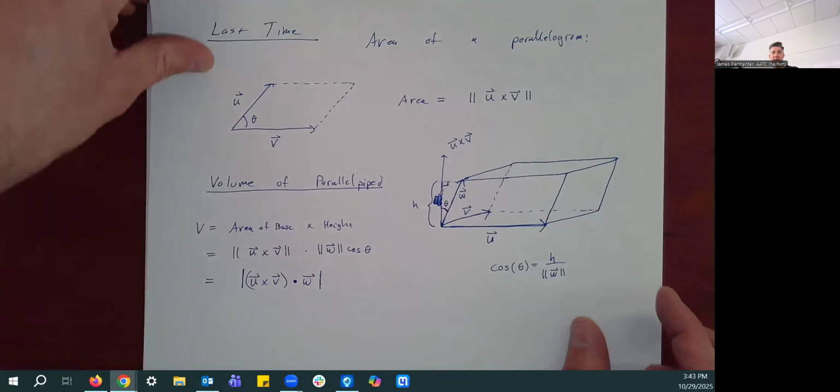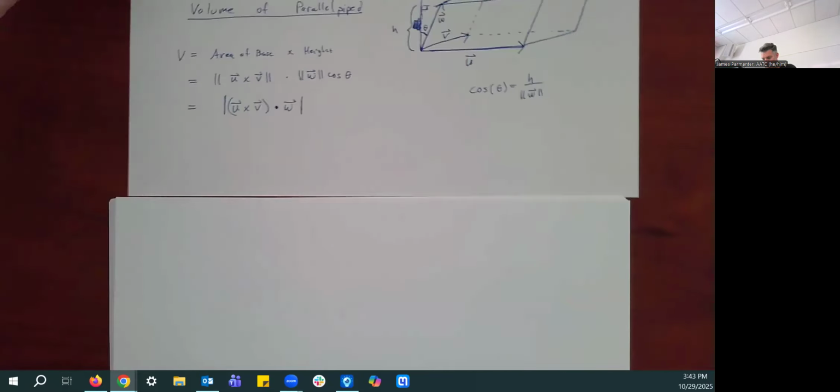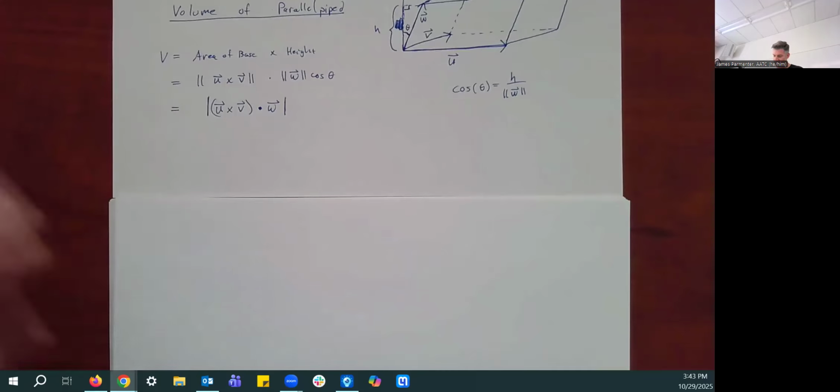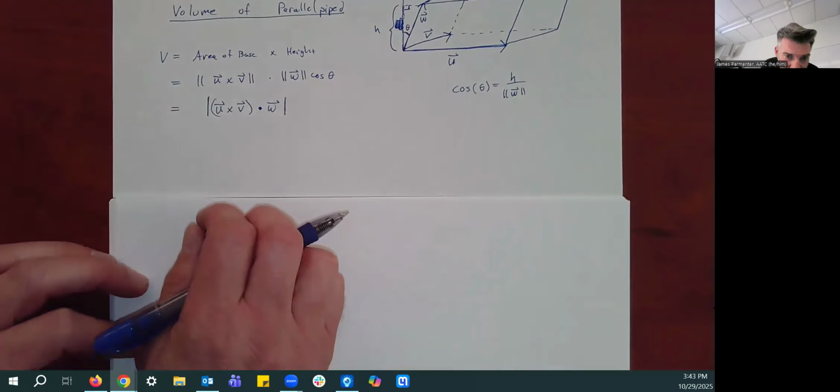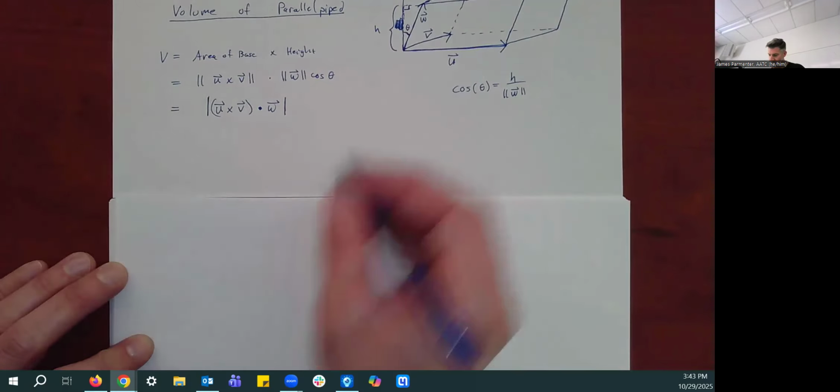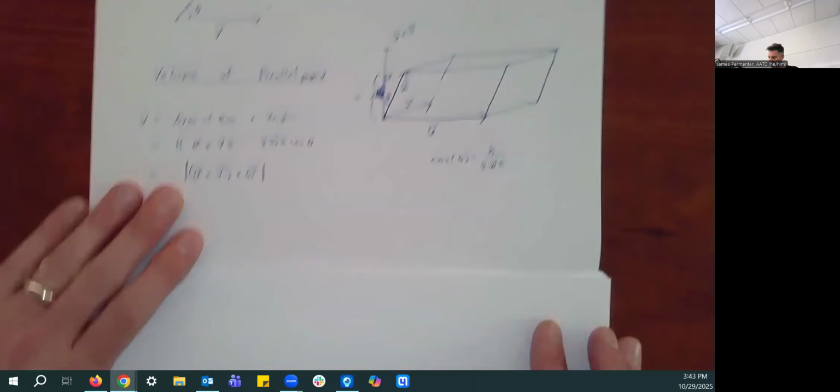Okay, so let's say we have this parallelepiped, which I don't really want to draw again. So let me just label these points here.